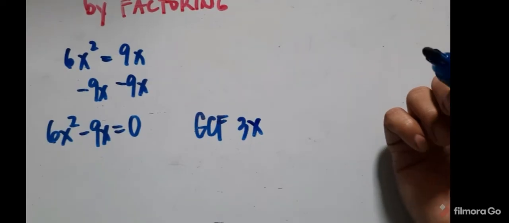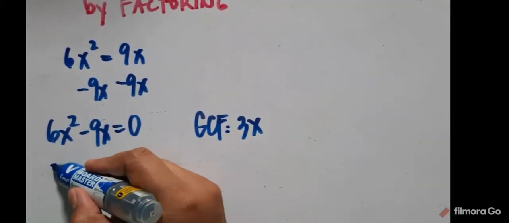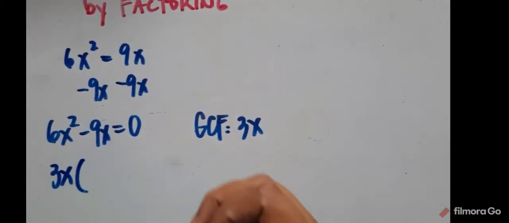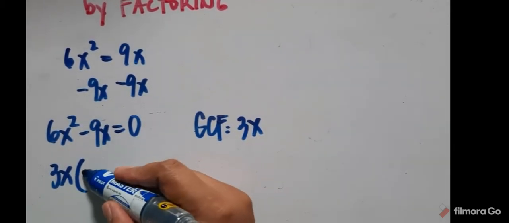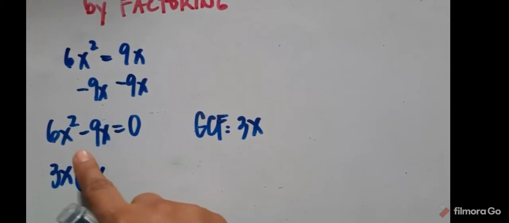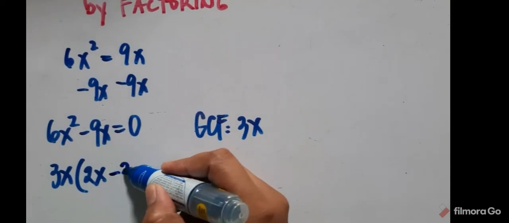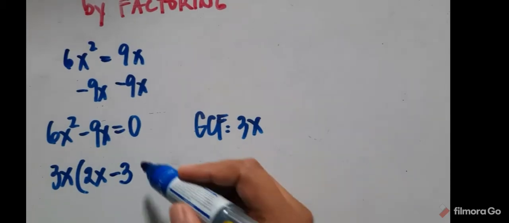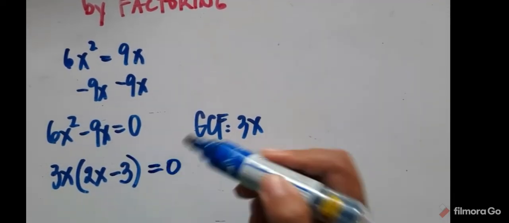So the first factor of this equation is 3x. We divide 6x squared by 3x, we have 2x. And negative 9x divided by 3x is negative 3. So that is equal to 0.